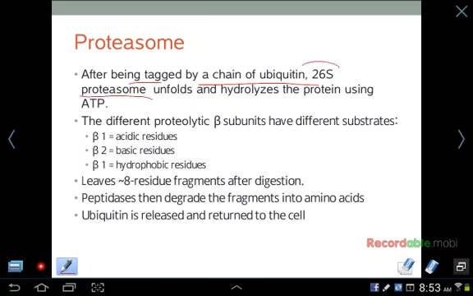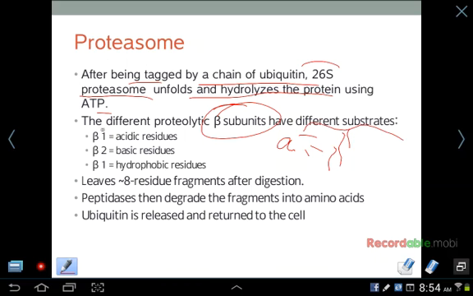So, after being tagged by a chain of ubiquitin, the 26S proteasome unfolds and hydrolyzes the protein utilizing ATP. So the actual proteolytic subunits of the proteasome are the beta subunits. We also have some alpha subunits as well, and they're believed to be functioning more in the feeding of the proteins through the proteasome in order for the beta subunits to cleave at very specific sites on the protein.